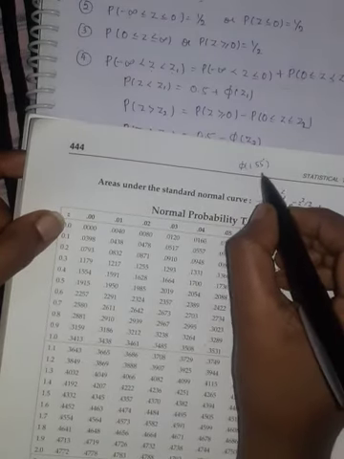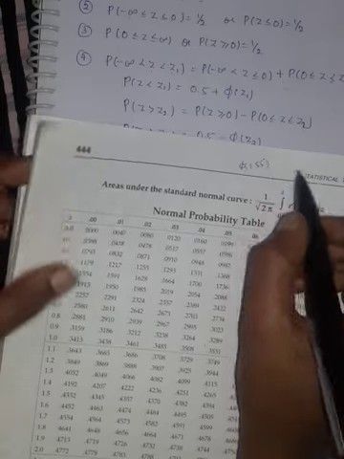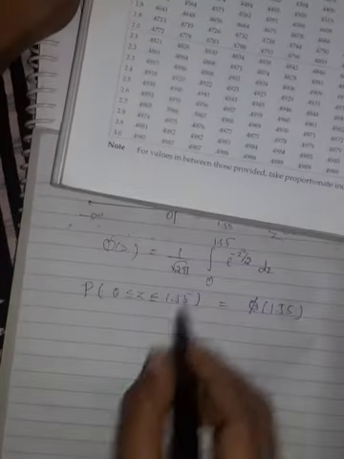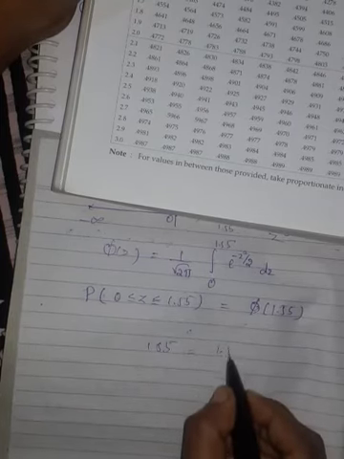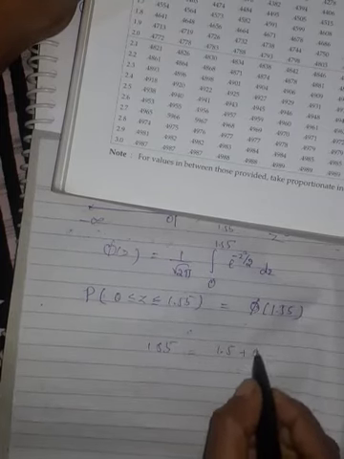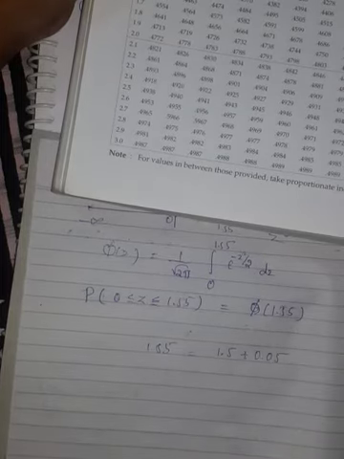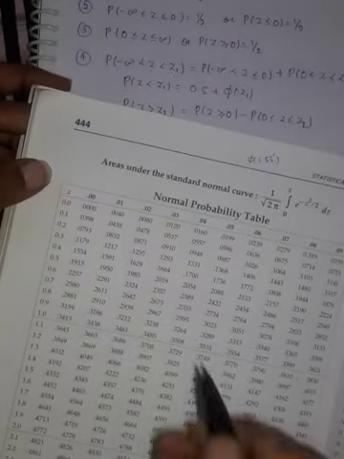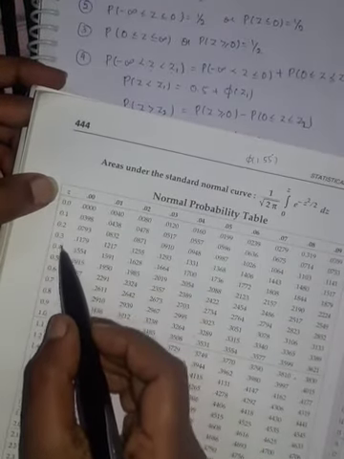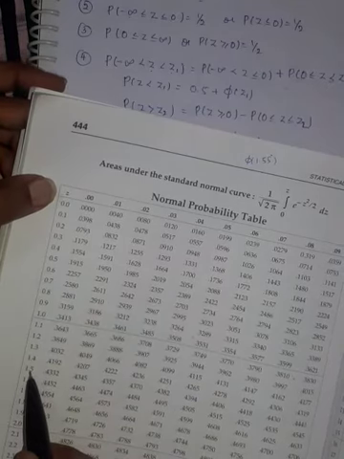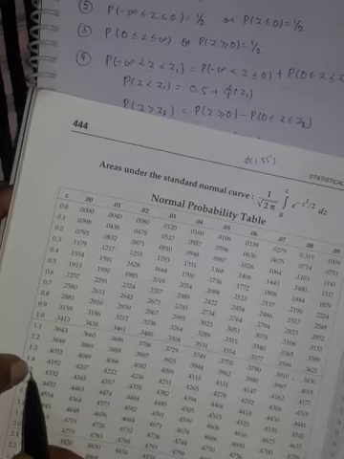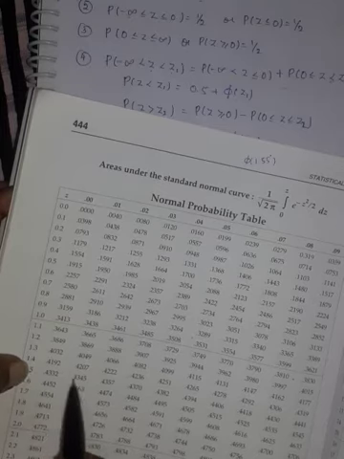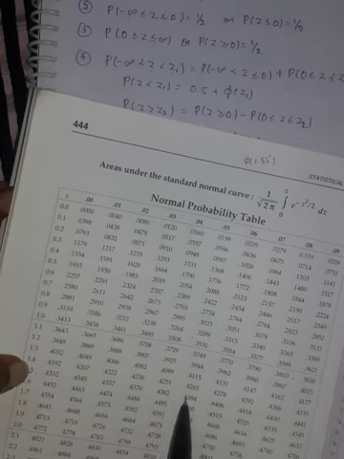Our z here is 1.55, which can be taken as 1.5 plus 0.05. So where is 1.5? This is our 1.5. Next, how to see? Next is 0.05. 0.05 is here.